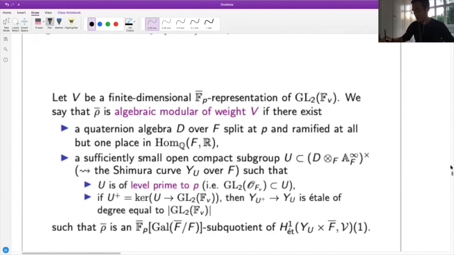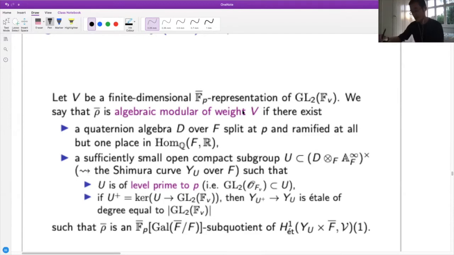Let me give you the following definition. Given a finite dimensional representation V of GL2 of F_p over F_p bar, BDJ defined the following notion of algebraic modularity of representation weight V. I'm not going to read it out.